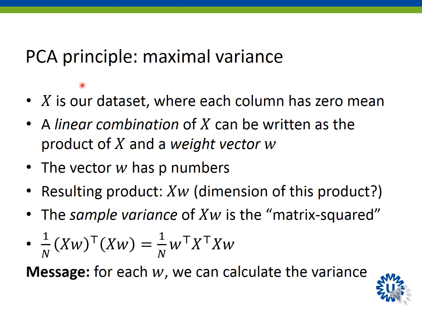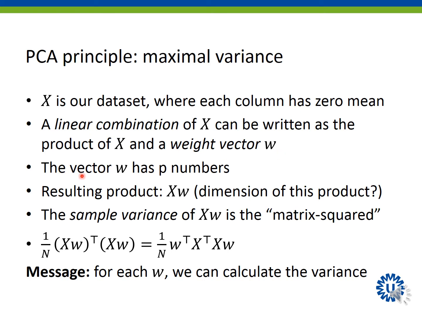So we saw that the most interesting direction is the direction of maximal variance, especially with correlated data. To actually find and calculate this direction, we need a little bit of math. Again, X is our dataset, where each column has zero mean. A linear combination of X, of the genes, can be written as the product of the data matrix X and a so-called weight vector w.